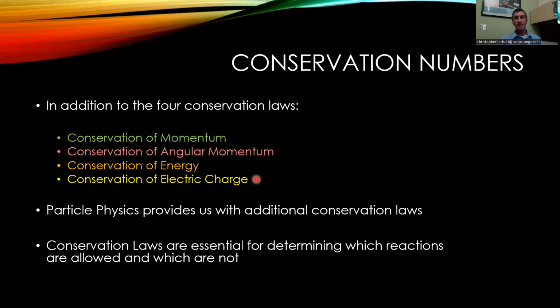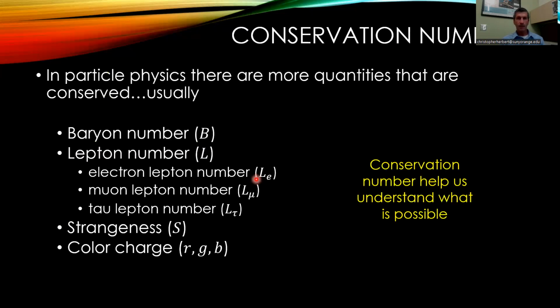Particle physics provides us with additional conservation laws or conservation numbers where we can say, okay, these are the numbers that we start out with. Our expectation is that these values will be conserved. And there are also some exceptions to the rule where they're not always conserved. Now, these numbers include baryon number, lepton number.